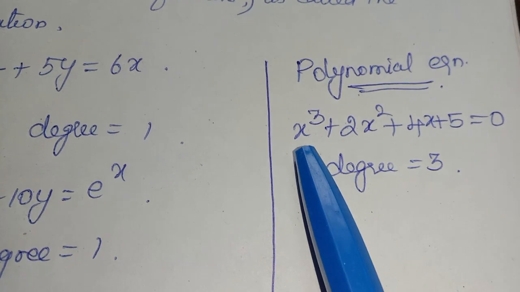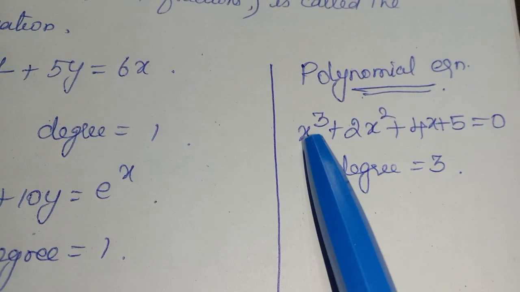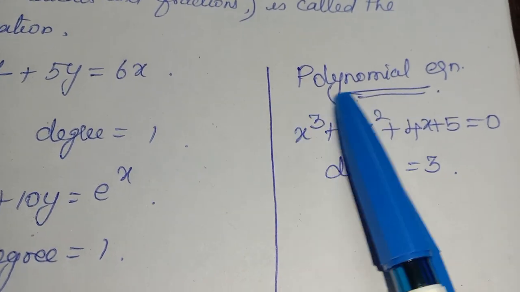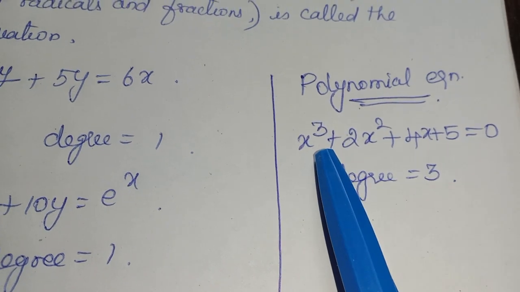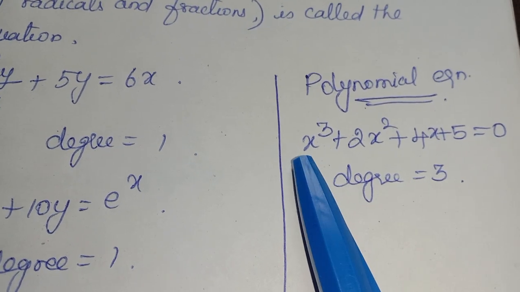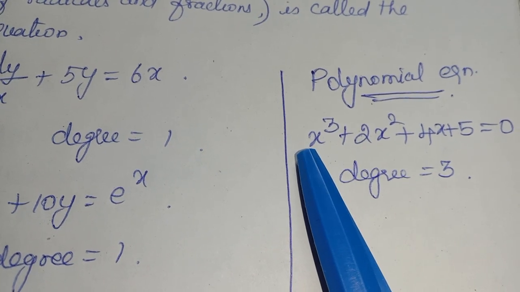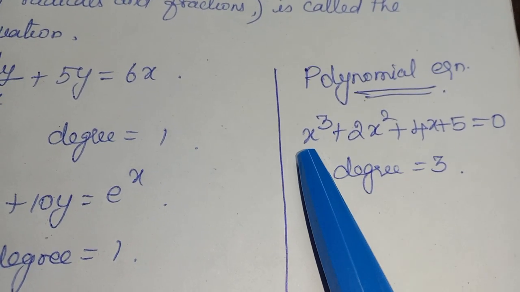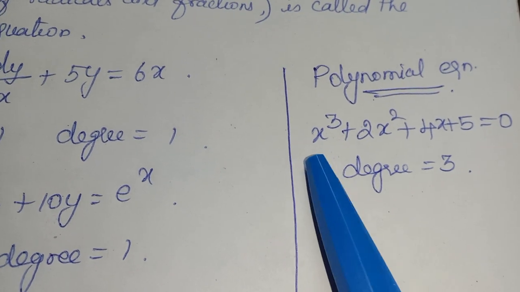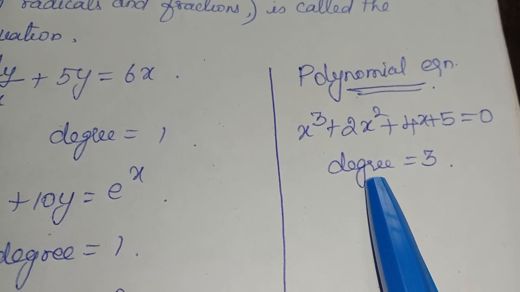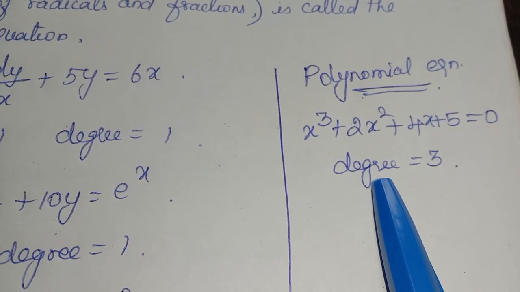The highest degree of x occurring in this equation is 3. So we say this is a cubic polynomial or polynomial of degree 3. In polynomials, we identify the degree of the polynomial with the highest power of x.